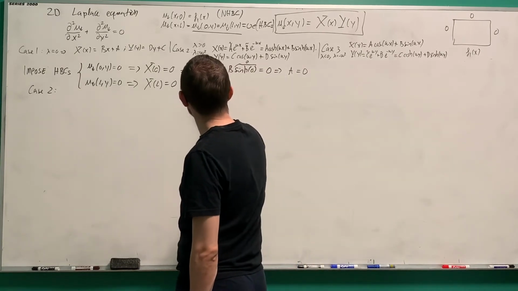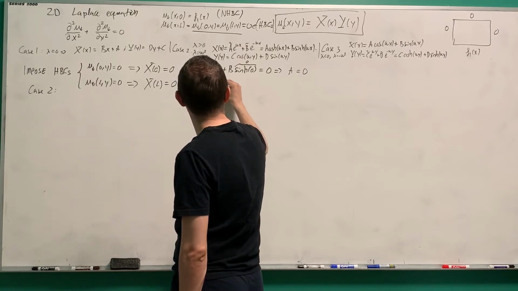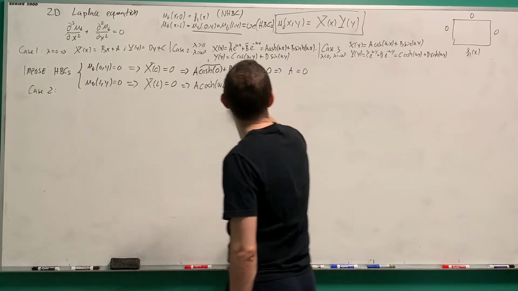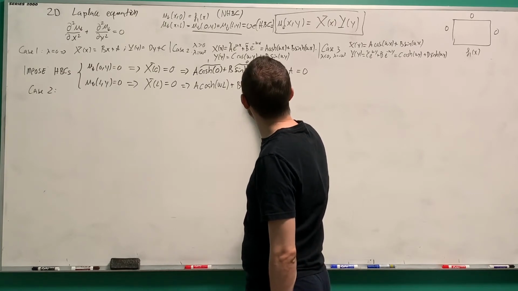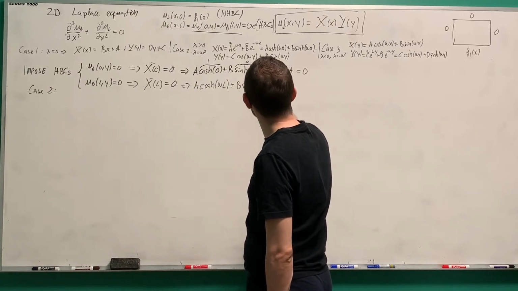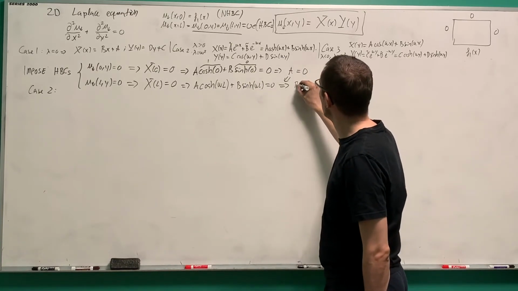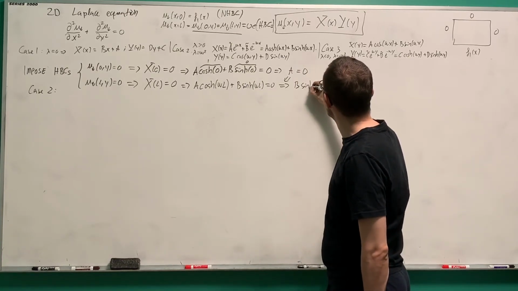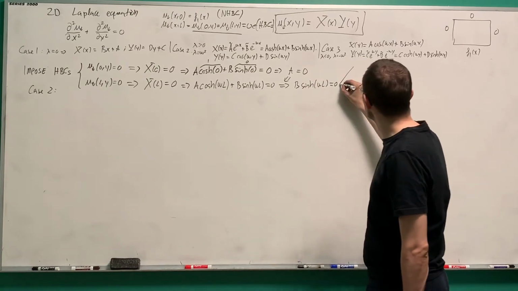So the second one tells me a cosh of omega L plus b sinh of omega L equals 0. But I know, because a is equal to 0, that what this is really telling me is that b sinh of omega L is equal to 0. Several possibilities.